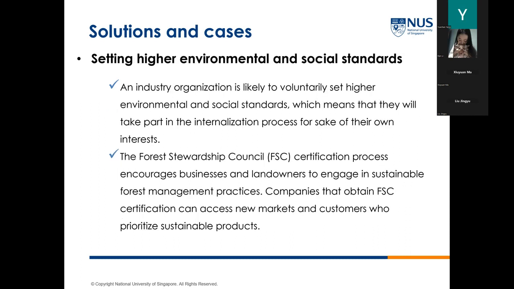An industry organization is likely to voluntarily set higher environmental and social standards. An example of that is the Forest Stewardship Council, FSC. The FSC certification process encourages businesses and landowners to engage in sustainable forest management practices. Companies that obtain the FSC certification can access new markets and customers who prioritize sustainable products.